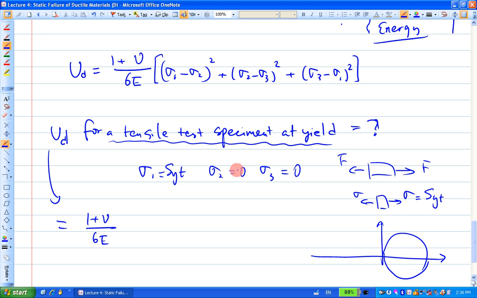You plug these two here, that's 0. You plug these two over here, that's SYT square. So they're 2 SYT square, and these cancel. There we go, that's the UD. That's the distortion strain energy for a tensile test specimen at yield.